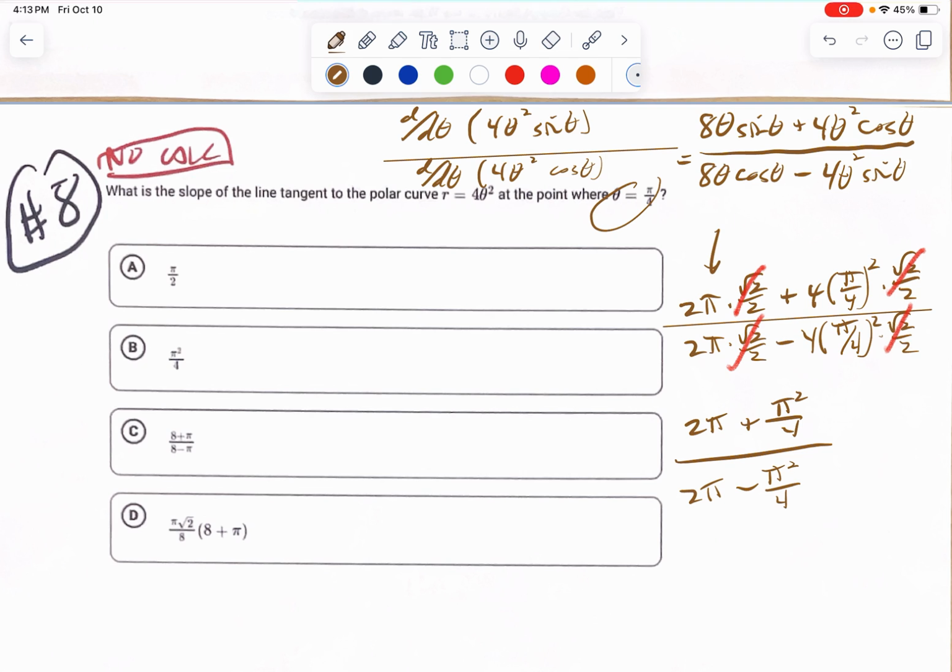So we can multiply every term by 8, or by 4, trying to make it look more like one of these choices. It's pretty obvious which one it's going to be, but I want to actually get there for sure. And then we can divide everything by pi. So that's 8 plus pi over 8 minus pi, and it's C.